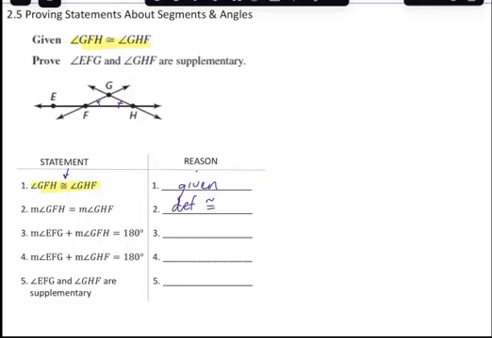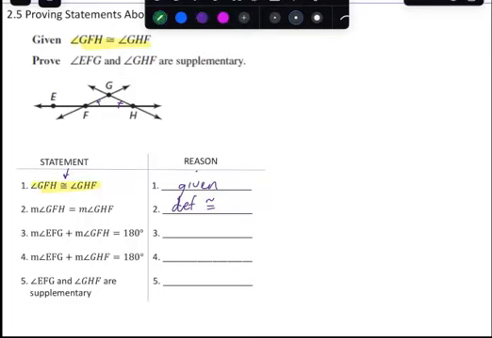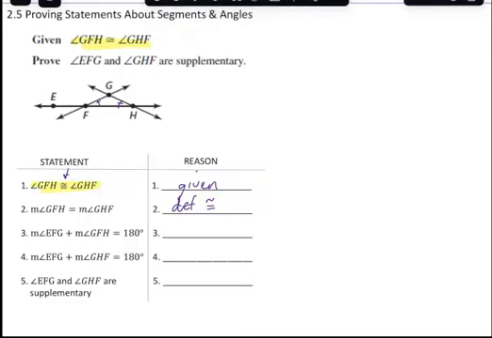And all this does is it allows us now to work with these as measurements rather than as the physical elements of angles. Okay, so if we look at the next statement, it says that angle EFG plus angle FGH is equal to 180 degrees. Well, what kind of angles are those? These are adjacent angles that form a straight line. What do we call those?